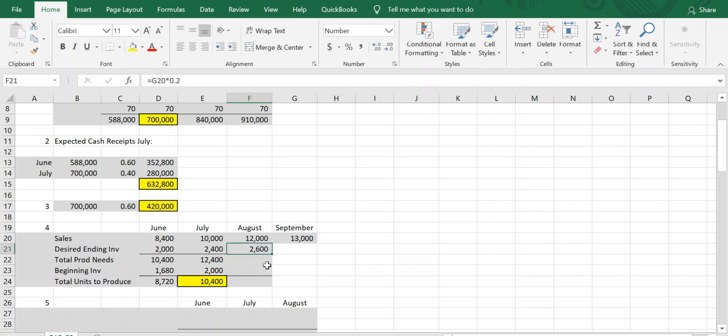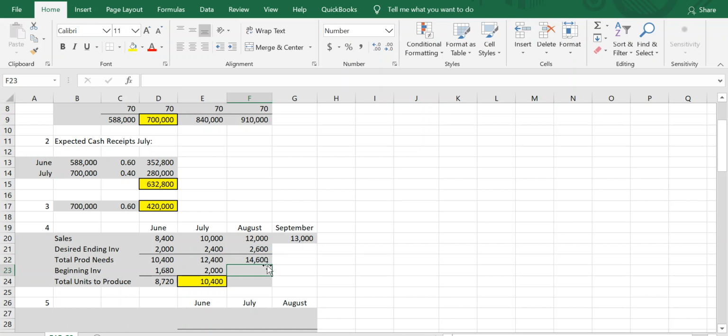So we have 13,000 units projected to be sold in September. We want 20% of that as our ending inventory. We're going to add that to the projected sales for August in units.